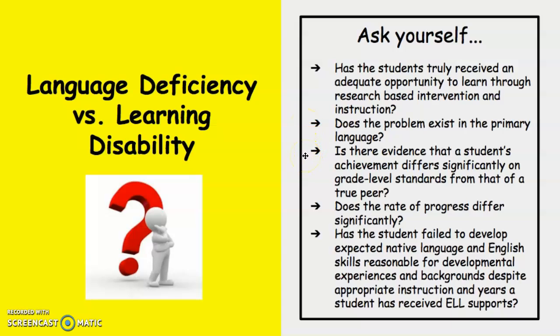Is there evidence that a student's achievement differs significantly on grade level standards from that of a true peer? Does the rate of progress differ significantly? And has the student failed to develop expected native language and English skills reasonable for developmental experiences and backgrounds, despite appropriate instruction in the years the student has received ELL supports?